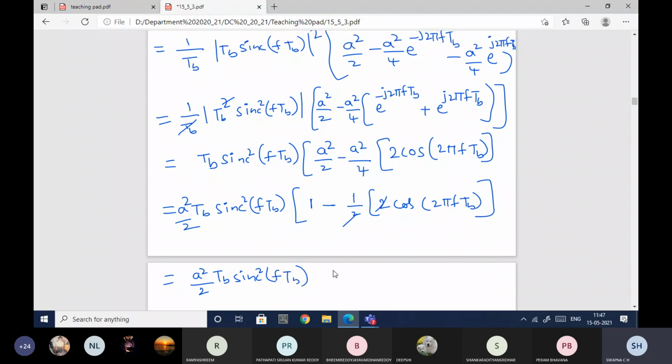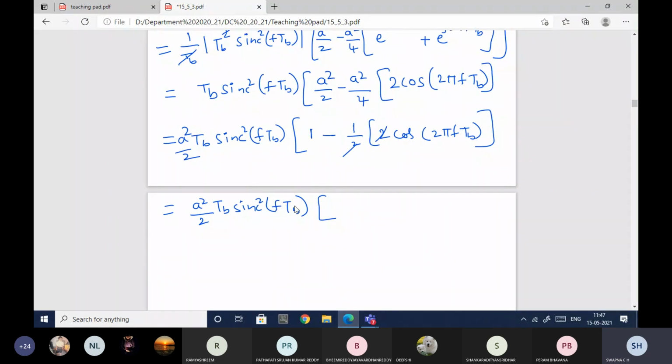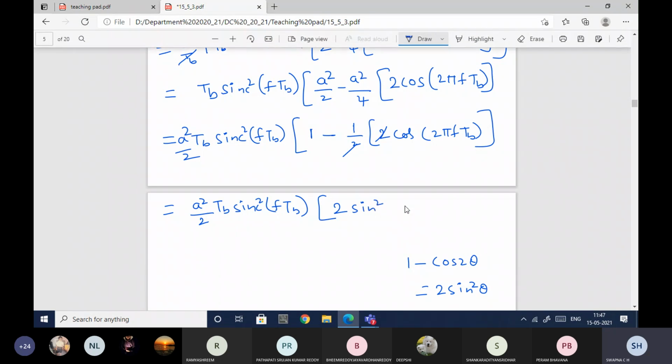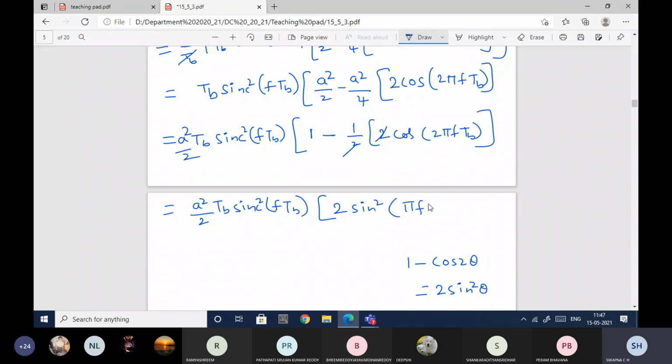1 minus cos 2 theta can be represented as 2 sin squared theta. I'll use the same thing. So it is 2 sin squared pi f Tb.